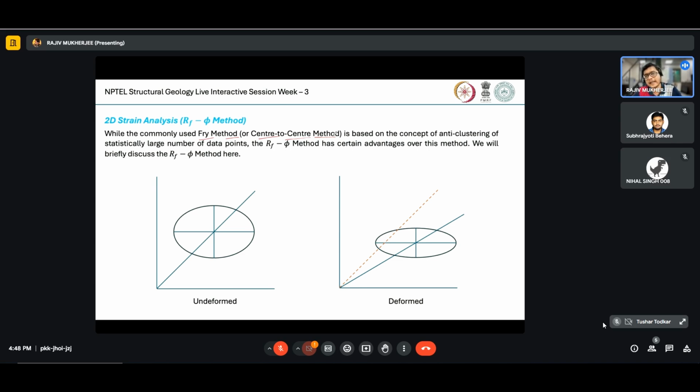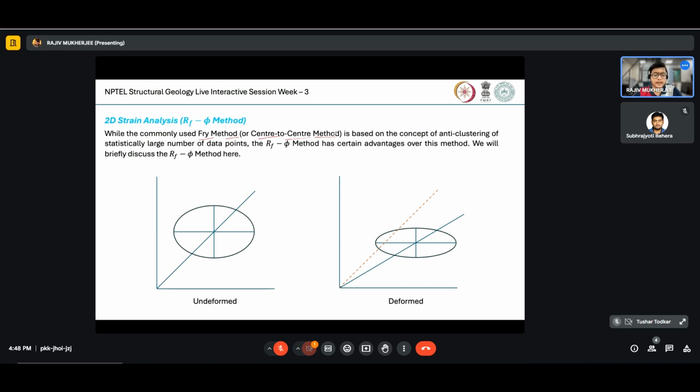There can also exist a preferred orientation even prior to deformation. So, just by assuming that all these objects that are now deformed were initially circular in cross section and randomly oriented would provide a very biased estimate of strain, certainly pretty much erroneous.